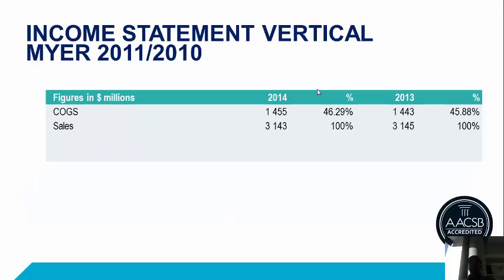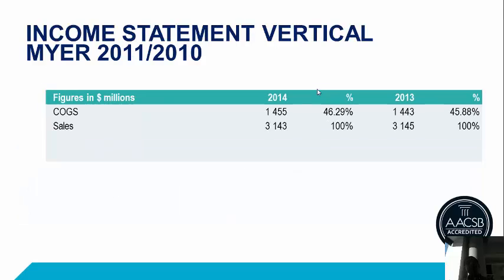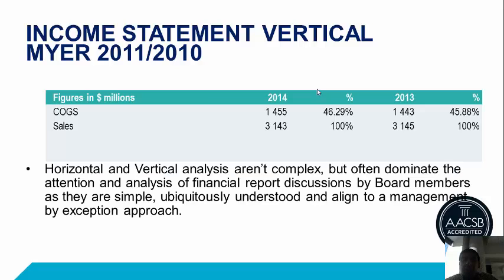Let's think about Myers cost of goods sold. We just looked at a balance sheet example. Let's now think about an income statement example. Myers cost of goods sold was $1.443 billion in 2013, and Myers sales revenue was $3.145 billion in 2013. 1.443 billion divided by 3.145 billion is 45.88%.